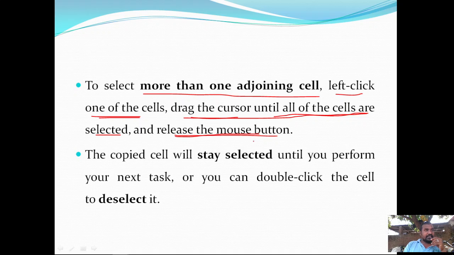After releasing the mouse button, the appearance of the adjoining cells that we have selected will change. All come under a single highlighted cell-like structure.